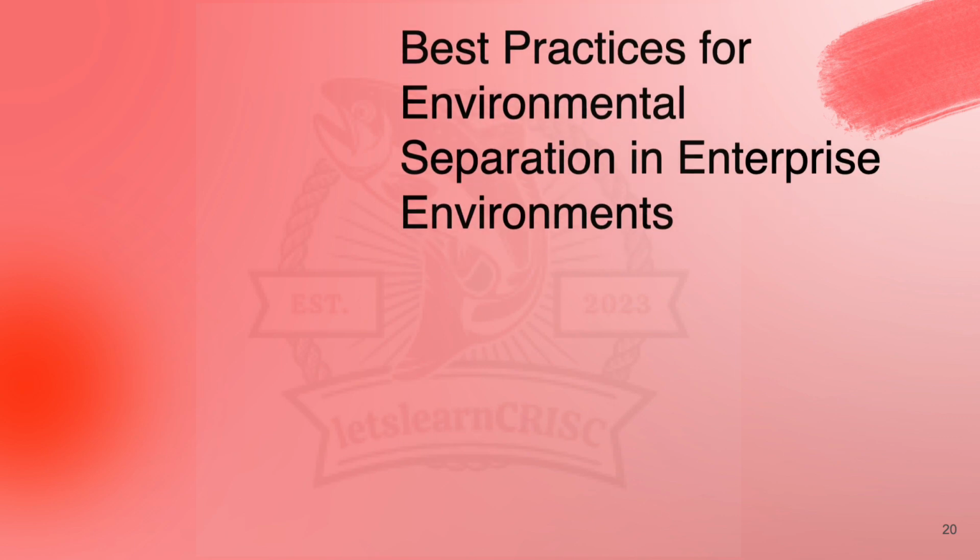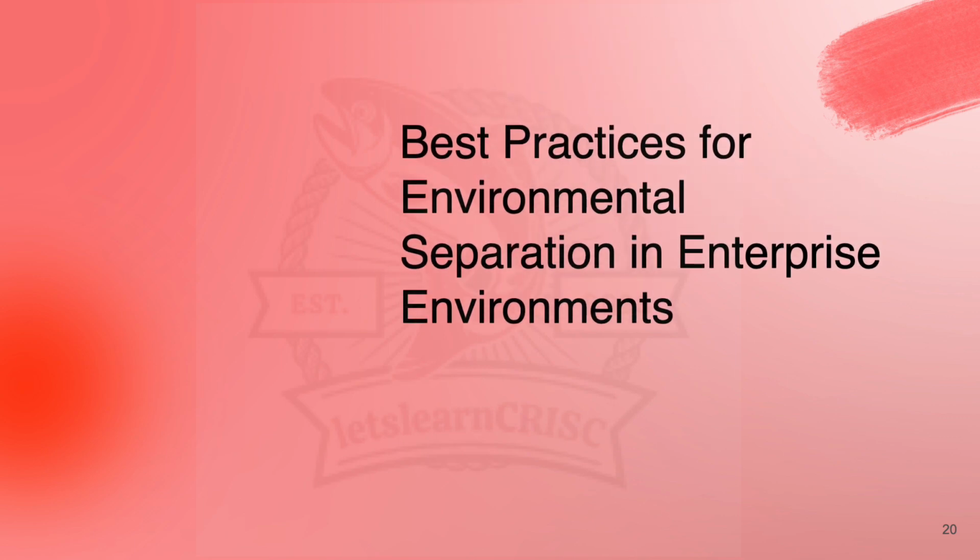Moving next we'll discuss about some best practices for environmental separation in the enterprise environment. Friends, environmental separation is critical for preventing the cross population of data or application code outside the approval process. Right?